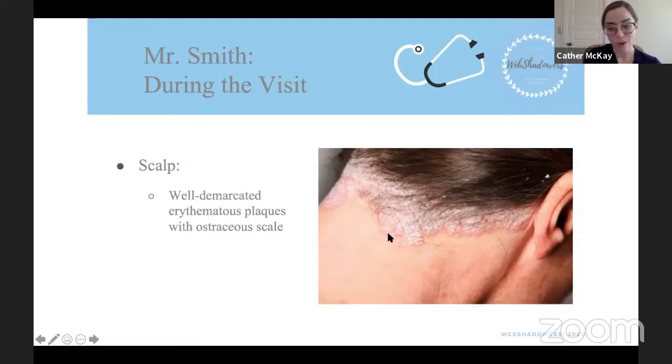It's well demarcated. Erythematous, so you can see the underlying bright pink color. Plaque means you can feel it. And it has something called ostraceous scale, which means that it looks like an oyster shell. So it's just really thick scale.